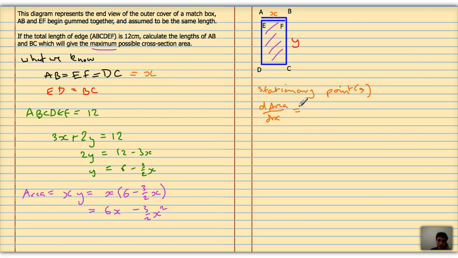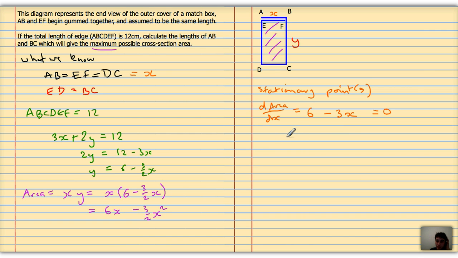Okay, be careful with your notation. When I differentiate the area, I'm going to get the 6 from this term here, and that's going to be minus 3x. Because we want stationary points, we want this gradient function to be equal to 0, because we know that is going to give us stationary points.